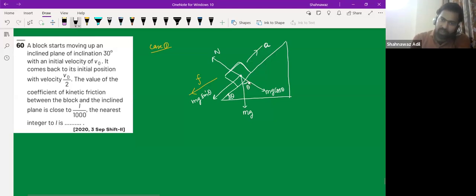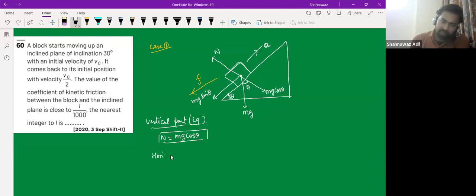So this vertical part is equilibrium, right? Vertical part is equilibrium. So N is mg cos theta. Now, who will tell me what is the horizontal part?